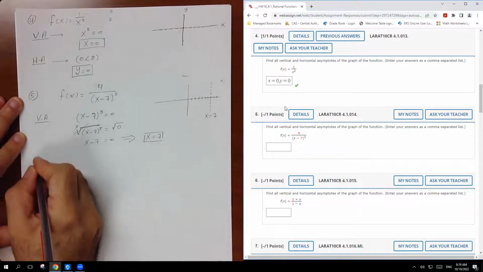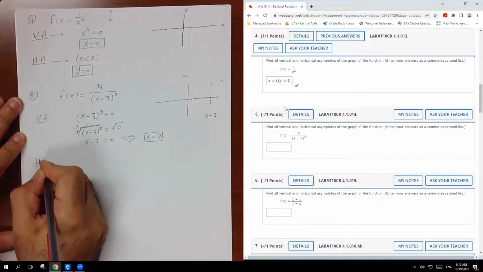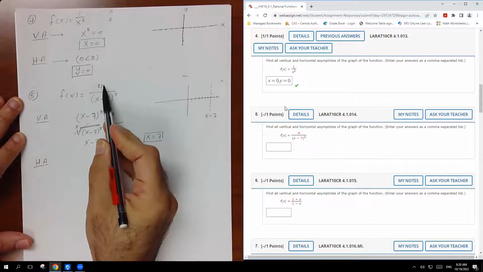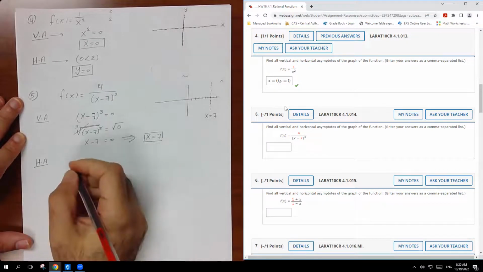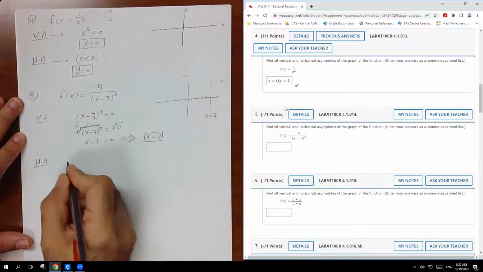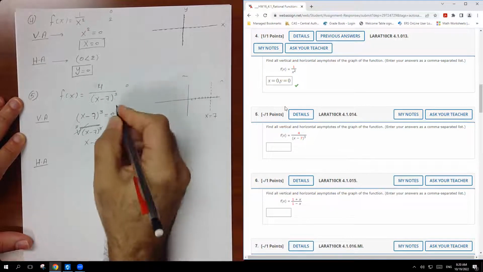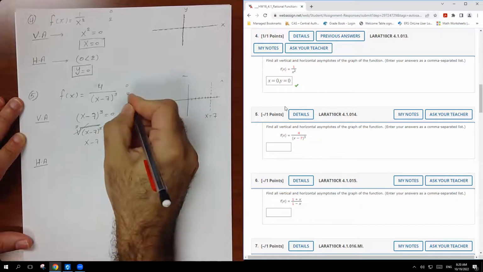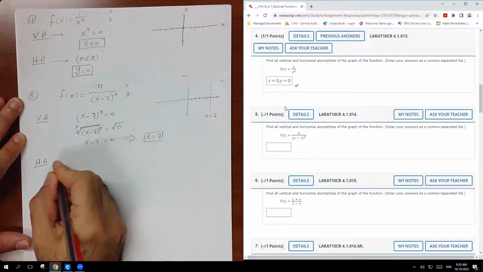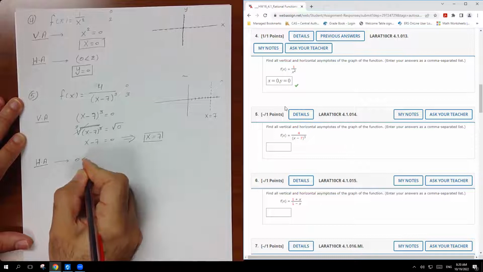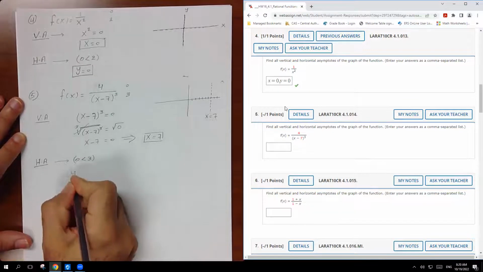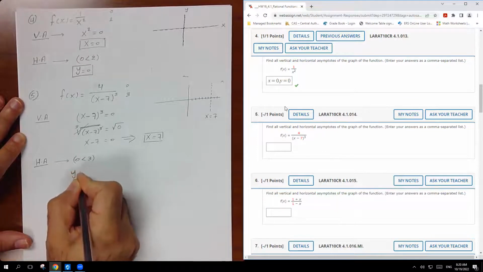Now to find the horizontal asymptote, we're going to check the exponents. The exponent on the top here is 0. The exponent on the bottom is x cubed, that means 3. So 0 is less than 3. In this case, when the top is less than the bottom, the horizontal asymptote is y equals 0.